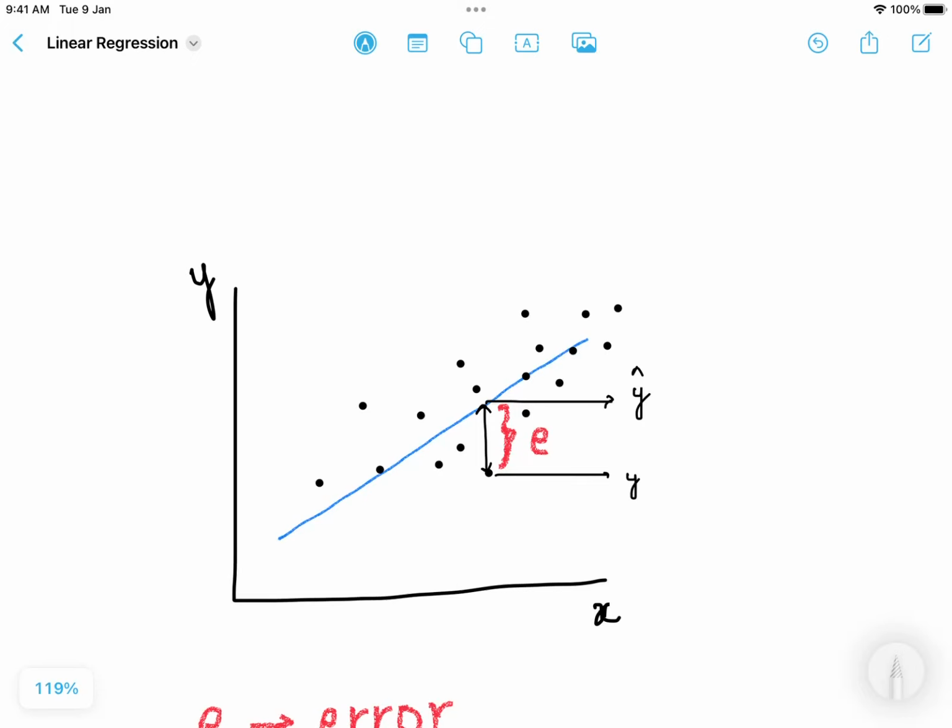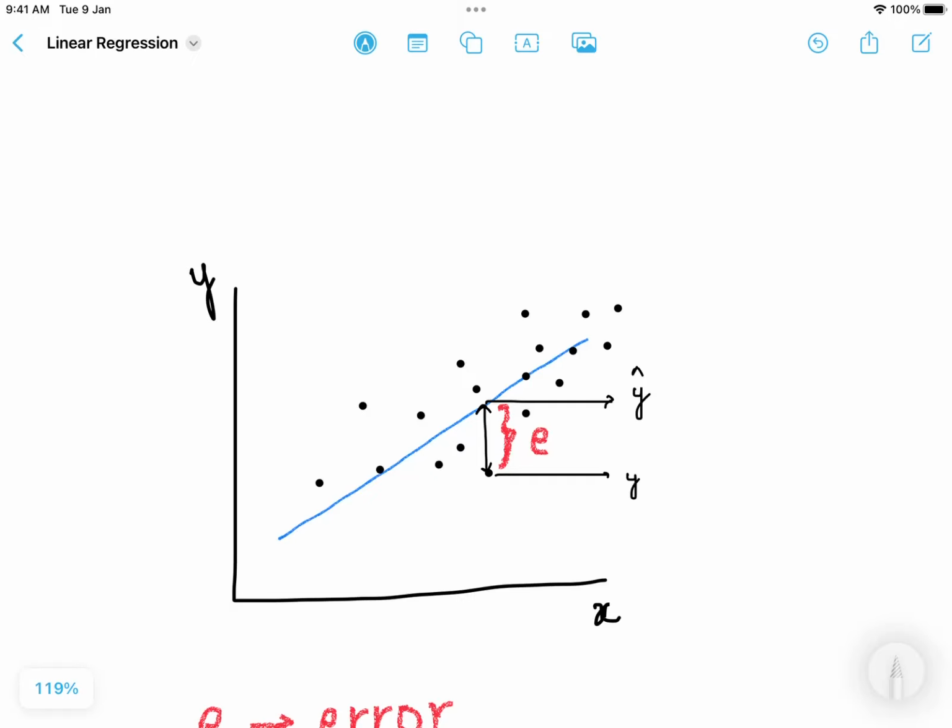And here we have this black point, our actual data point, and this best fit line will have a predicted value of y. So there is a difference between the actual value and the predicted value, they are not the same. Ideally they should be the same.